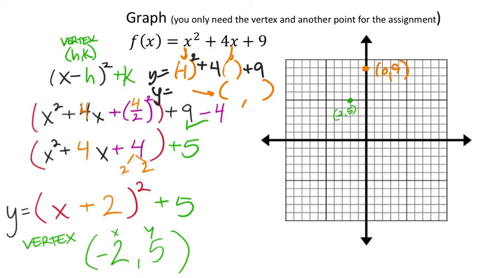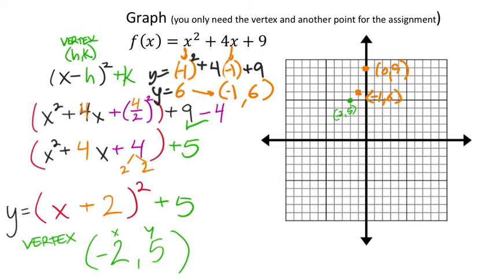So I'm going to choose an x value that's negative 1. If I do this, you can put this into the calculator: 1 minus 4 plus 9, 6. So it's a (negative 1, 6) ordered pair, which would be right there.